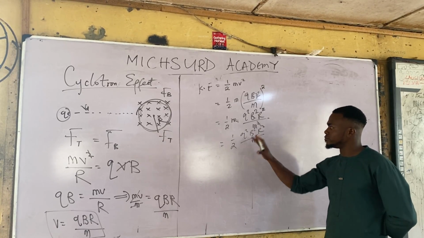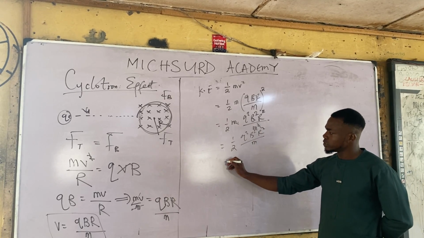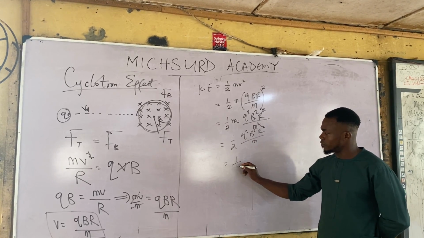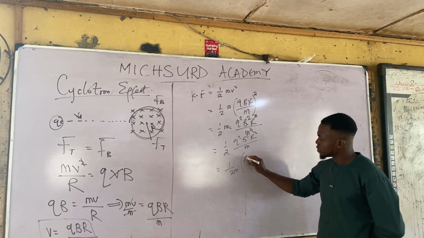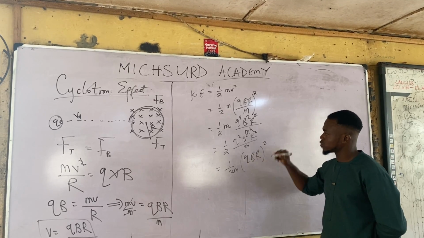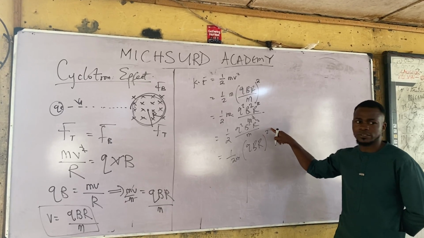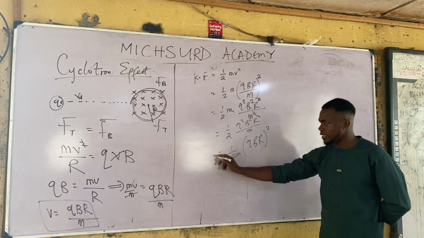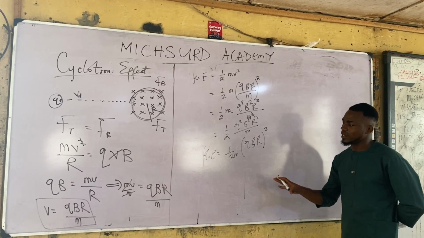One can decide to rearrange the formula as you want. I can decide to write this as 1 all over 2m, bracket open qBr, all squared, because they all have squared. So we factor out the square, and it gives us the kinetic energy.